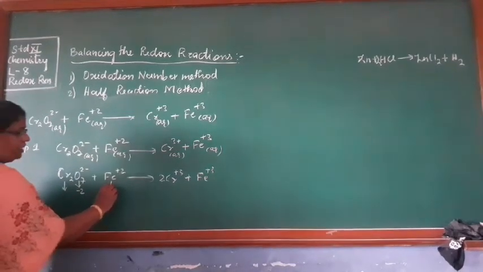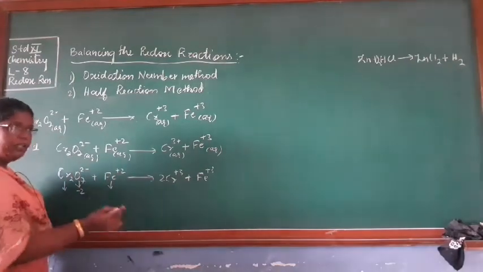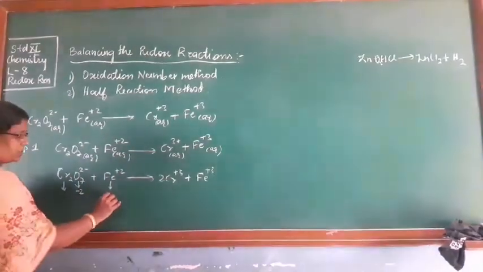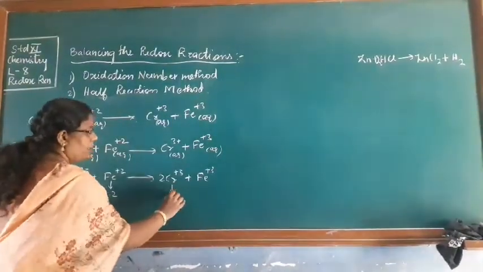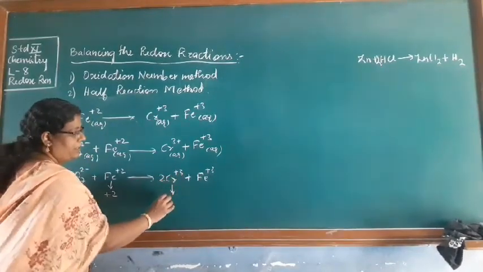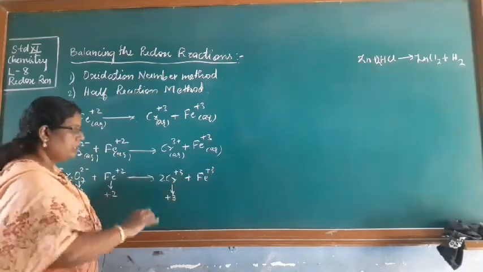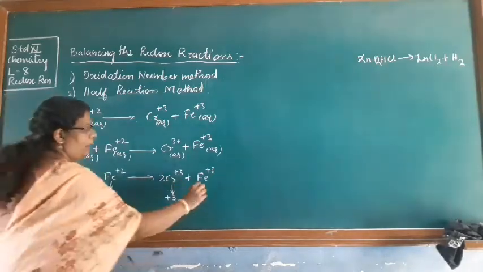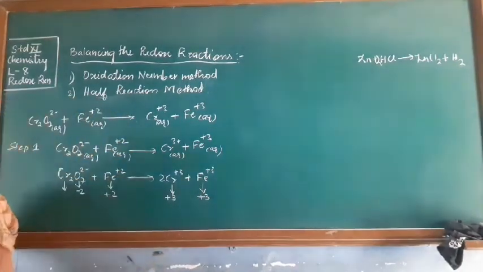Fe is a monoatomic ion, that means the charge on it is its oxidation state. So here it will be +2. Chromium, again a monoatomic ion, will have a +3 oxidation state because that is the charge on it. The charge on Fe is +3, which is its oxidation state.